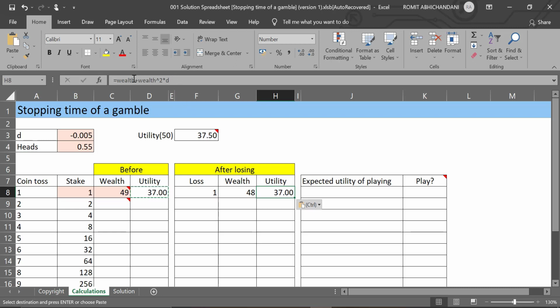But instead of the initial wealth, you will be taking this G8 this time, right? Because you want to calculate the utility now with this wealth. So it's 36.48.